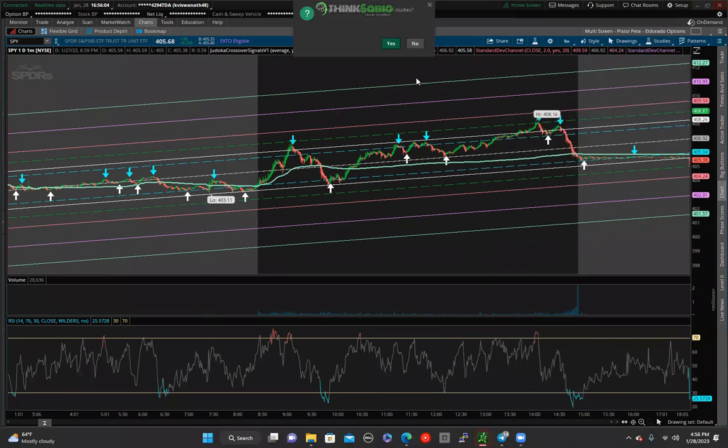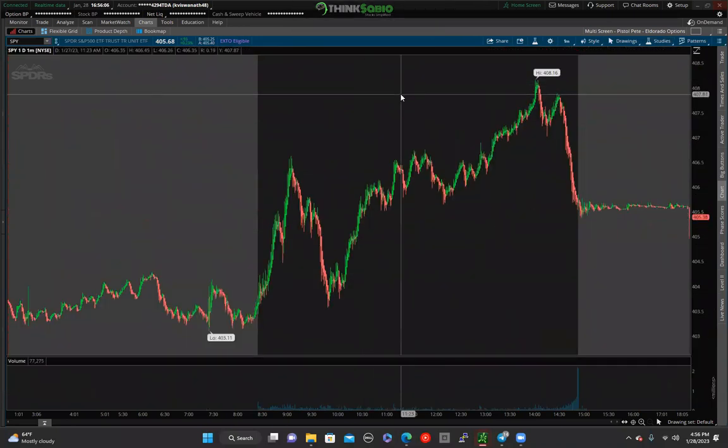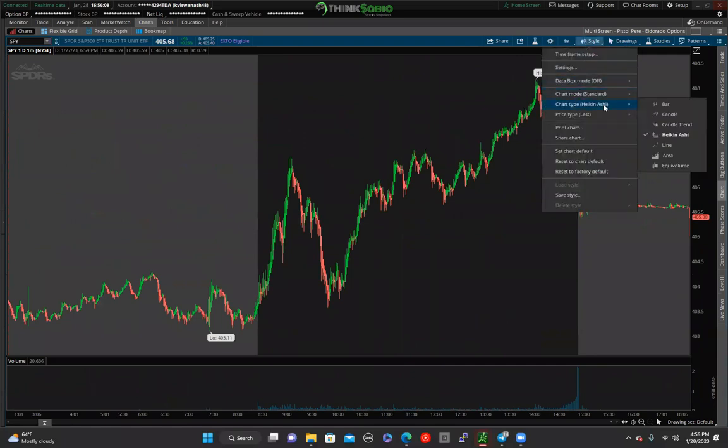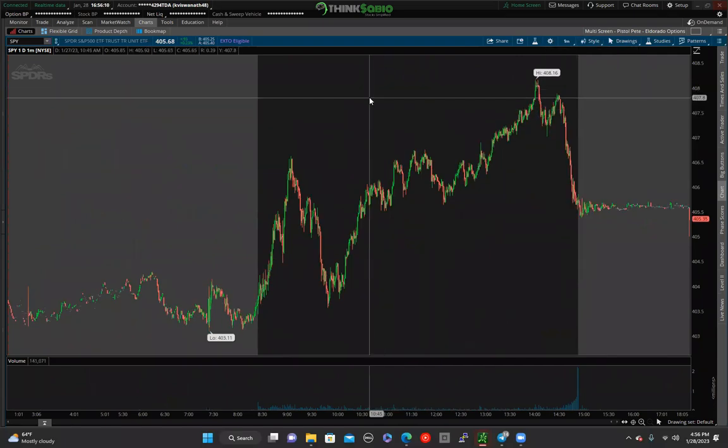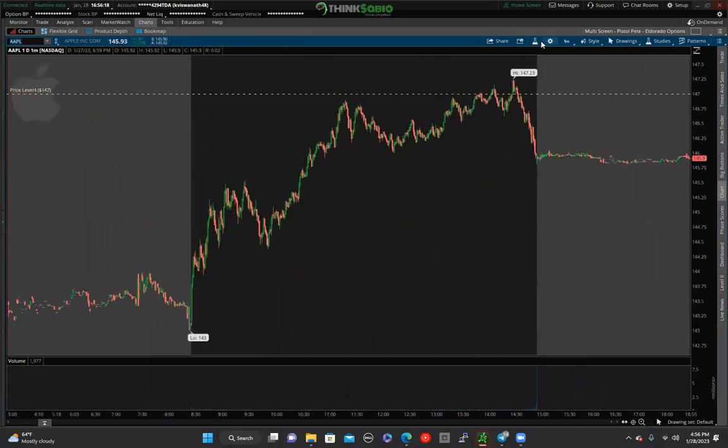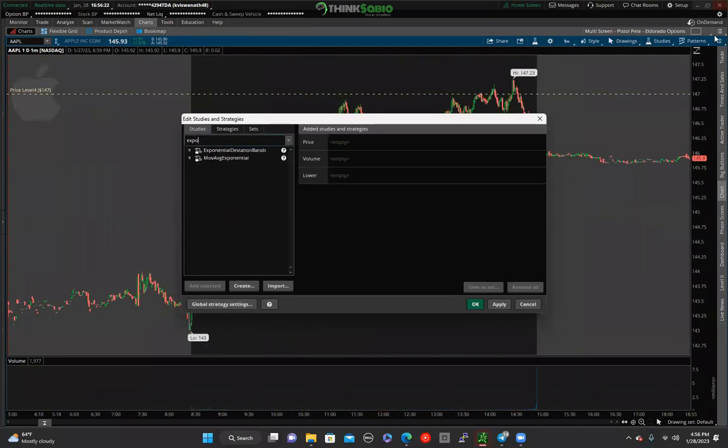So let me remove all studies. I don't want to confuse you all with all those things. The moving average applies to all kinds of stocks. I just gave SPY for example, but moving averages apply for anything.